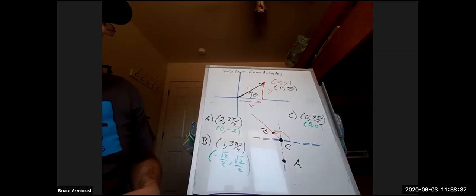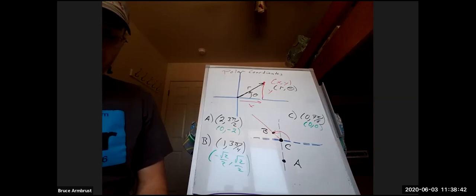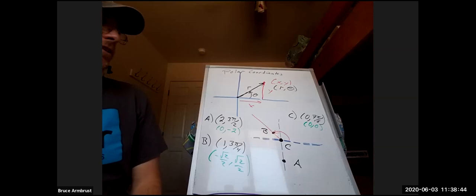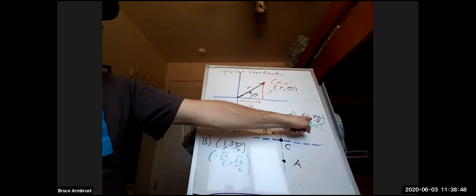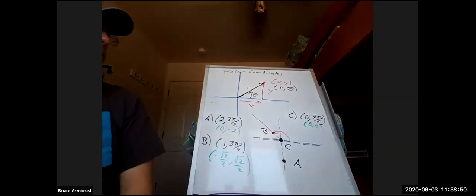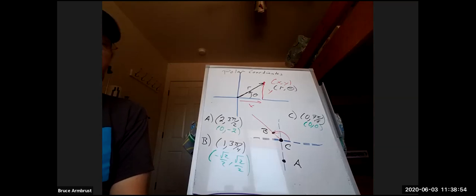Right? And here's what's kind of interesting about the origin, that clearly we could describe that in lots of different ways. What could I do to this point that's in polar, so the black one? What could I do to that so that I'm still at the origin? What could I change?